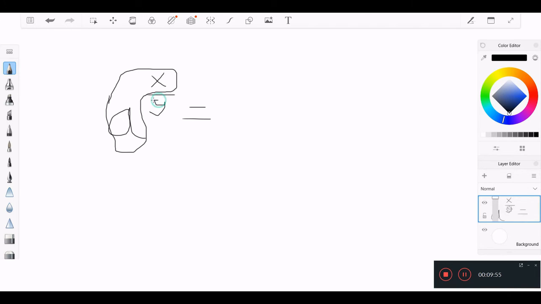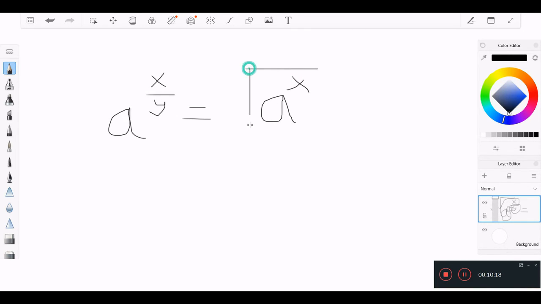And this thing, when you divide by y, you have to make it like this. You just take the root of it. When it's like this, you remain the ax. For the y at the bottom, you take the root by the value of y.